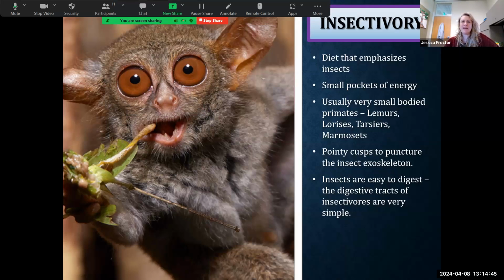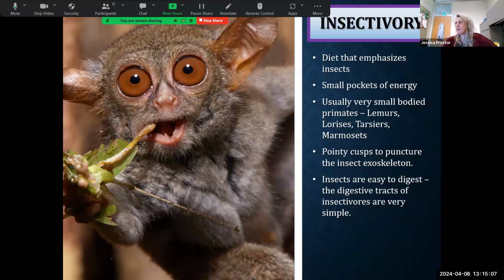Generally primates have the ability to switch and navigate food sources as the environment changes, as they may be dealing with droughts or with rainy seasons. We call that dietary plasticity.